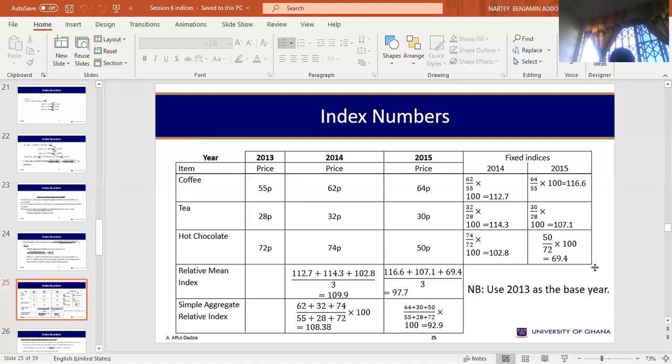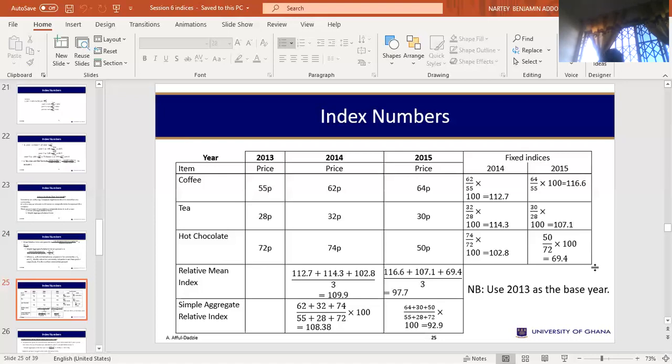Now, the simple arithmetic mean of relative is used to overcome the problem of prices and quantities quoted in different units. So if you have prices and quantities that have been quoted in different units, then you can use the simple arithmetic mean method.